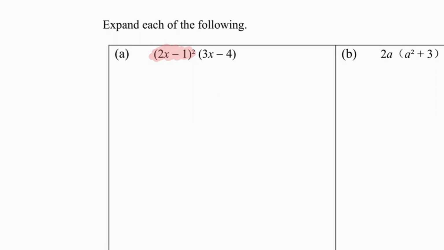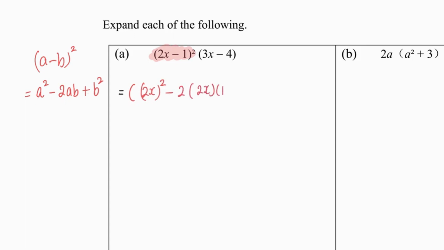We could apply a minus b bracket square is equals to a square minus 2ab plus b square. And so for this particular question here, then this is what we are going to do. We will have my 2x square minus 2 times my 2x times 1 plus 1 square.